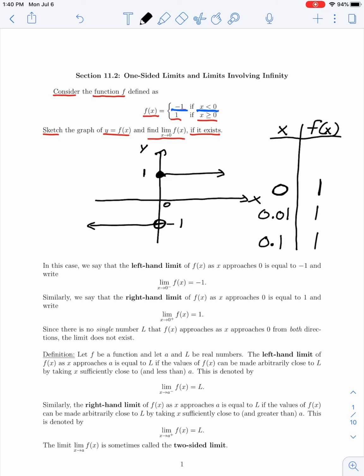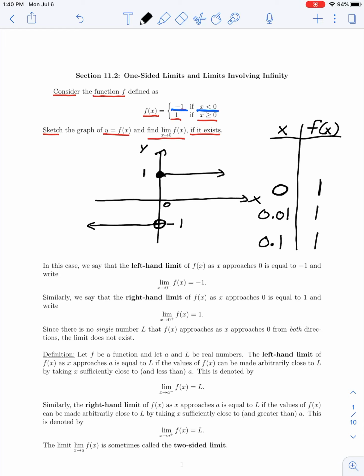Now, if we take values of x that are close to 0, but a little bit less than 0, say, for instance, -0.1, well, anywhere that x is negative, the value of our function, f of x, is defined as -1.